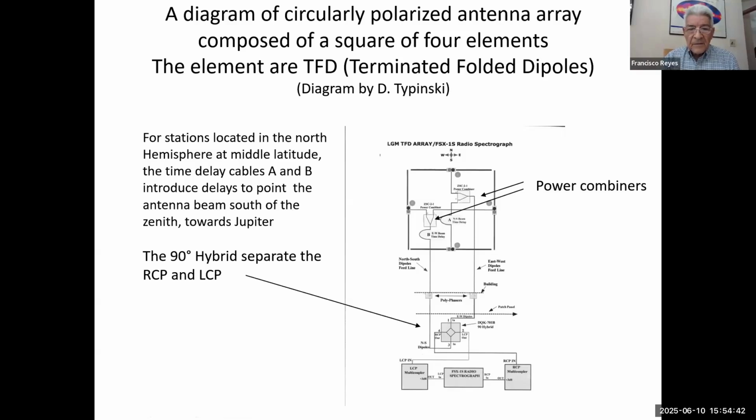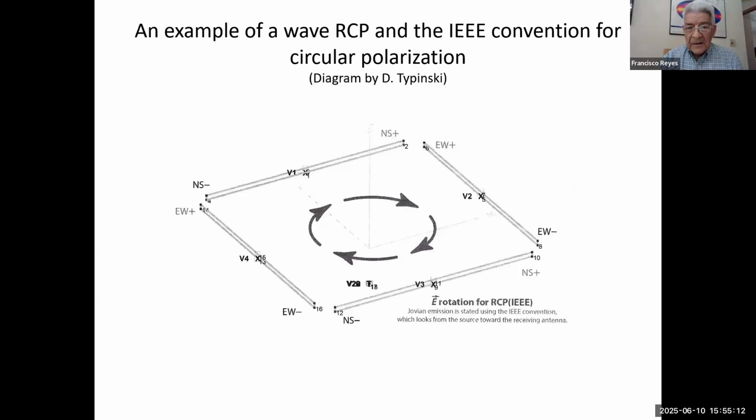Right here, many people are using an old spectrograph, which is called the FSX7, but some of the people who are using the new Radio JOVE normally receive only one polarization. The other polarization can be available if you're using this type of setup here.